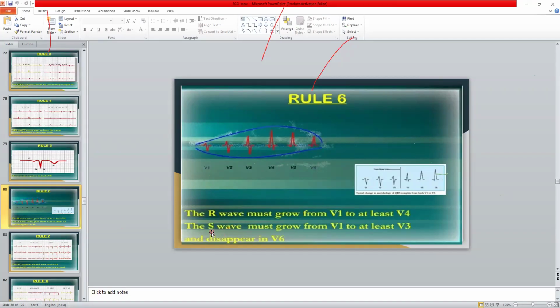Whereas the S wave must grow from V1 to at least V3, but later it should decrease in its amplitude and sometimes it may disappear in V6 also. That is the normal ECG pattern of the R wave and the S wave.